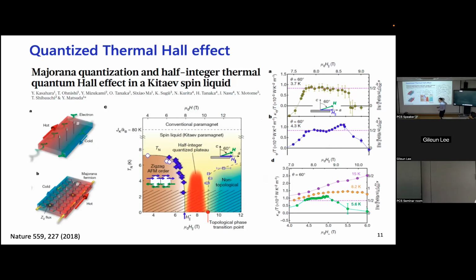This half quantized value here is a signature of Kitaev's quantum spin liquid. So this is a remarkable result, and this really kickstarted all the interest in this material, and really gave life to this field.